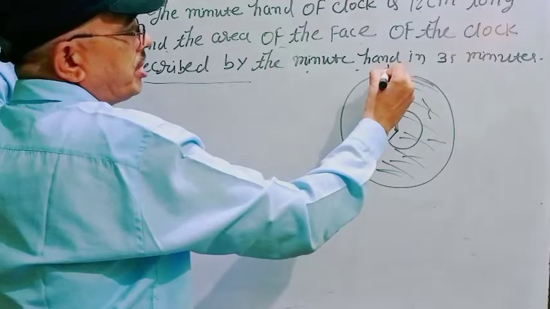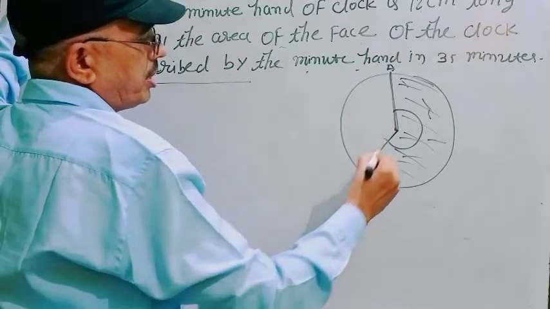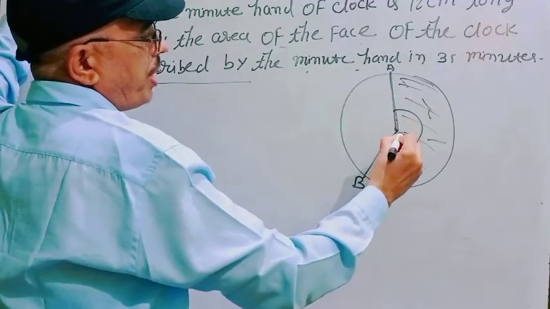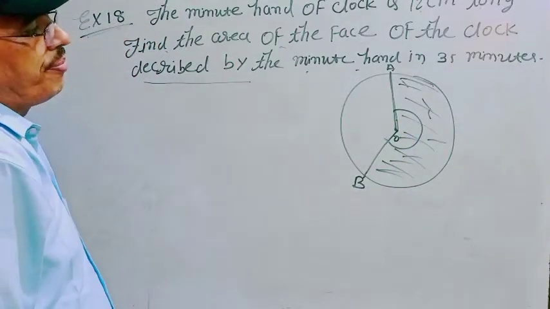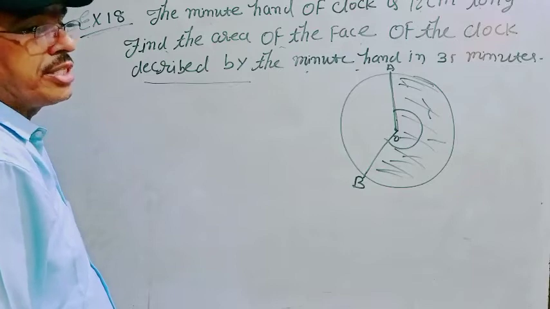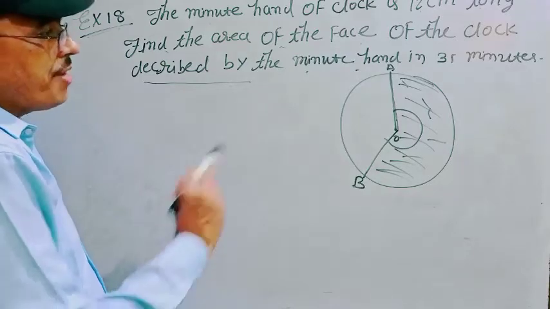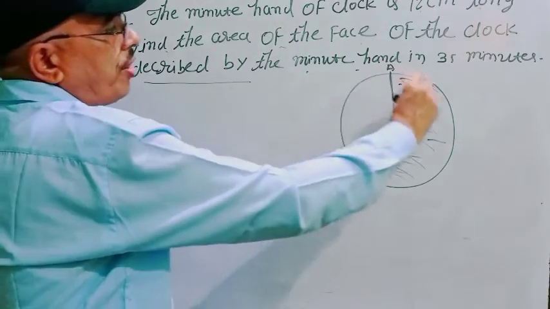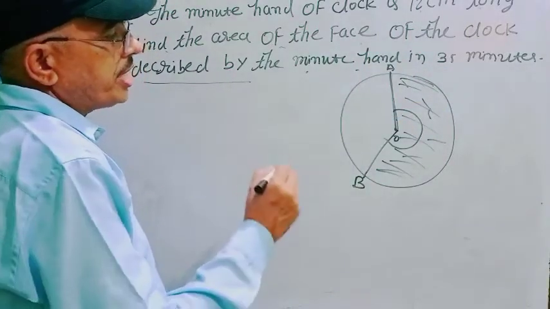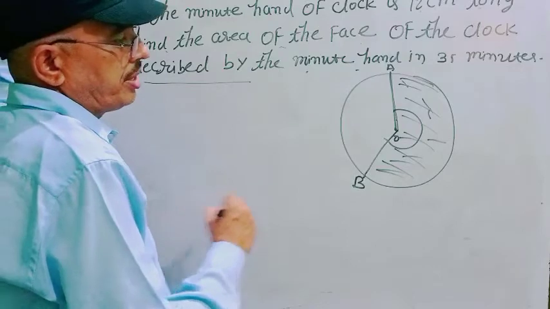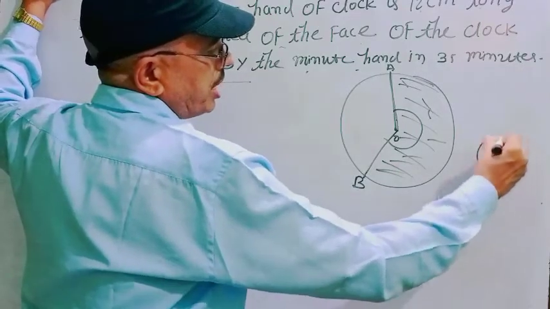So dear student, first you work out how many degrees are formed by the minute hand at the center in 35 minutes. If the minute hand makes one round of the clock, then it makes 360 degrees because it is a circle.